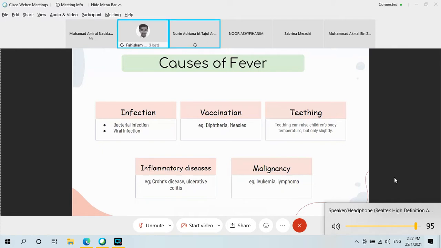Having said that, rule out everything else. There are many types of drug related or antibiotic related fever, so just beware as well. Some of the drugs may also cause fever.